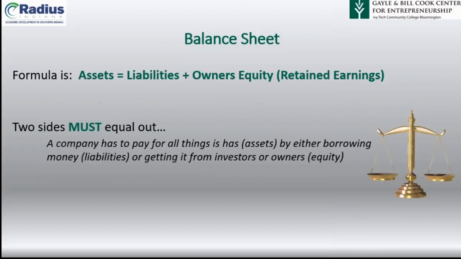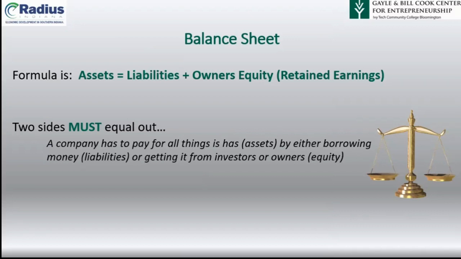So assets equals liabilities plus owner's equity, and they must equal out. I put a scale on the side of the screen, meaning a scale has to be in balance or something's wrong. A company has to pay for all the things it has, those are assets, by either borrowing money, liabilities, or getting it from investors or owners, owner's equity.